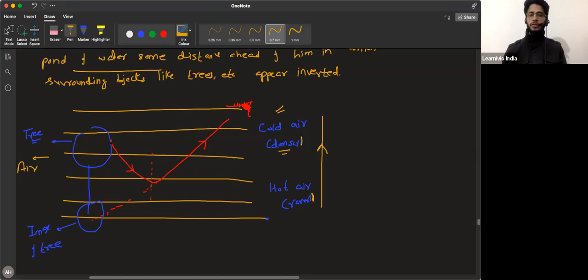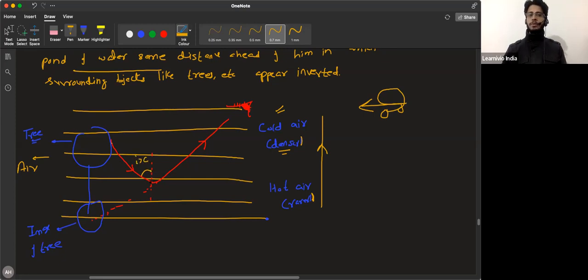So let's say this is a tree. You are traveling somewhere here. This is you in a car, and this is a tree. The rays are coming from the tree, from denser to rarer medium. The first condition of TIR is getting fulfilled. At some point, this angle of incidence becomes greater than the critical angle.